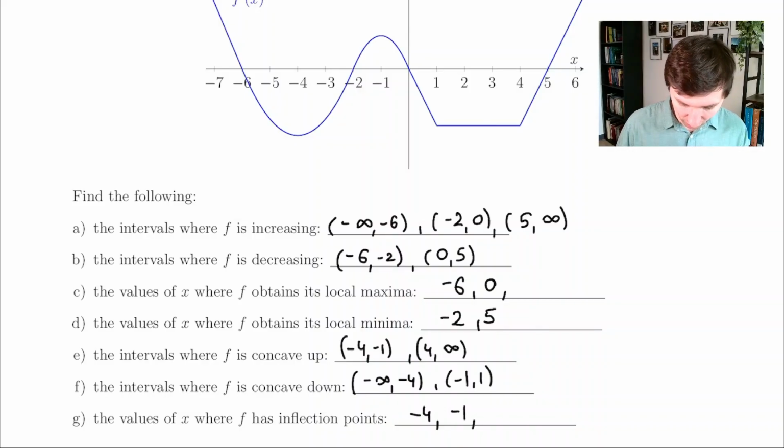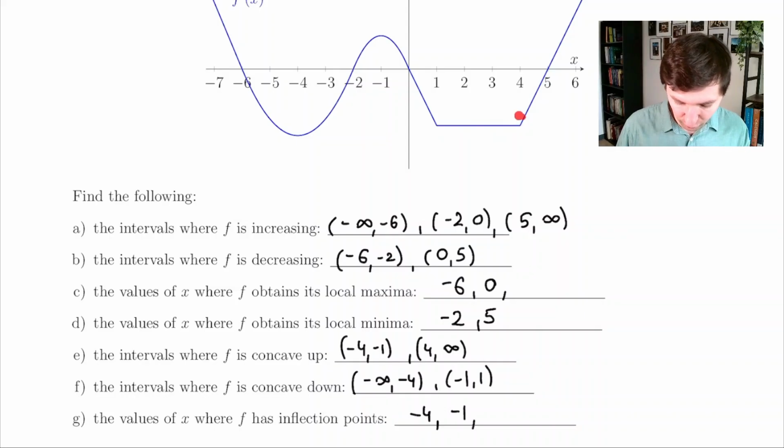The function is concave down between -1 and 1, and at 1 the function changes to being neither concave up nor concave down, because on this interval the first derivative is neither increasing nor decreasing, which tells you that on this interval the second derivative is 0, which tells you that the function is not concave up and the function is not concave down there.